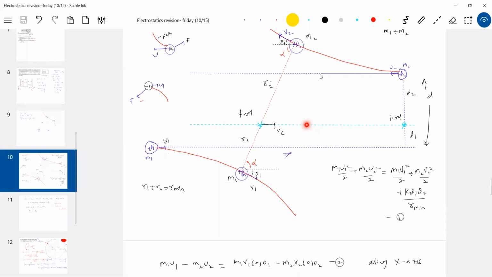Along the y-axis, we wrote that m1 d1 equals m2 d2. Initially, they are separated by infinity, no? Along the y-axis, we can write one equation, d1 by d2 like that.